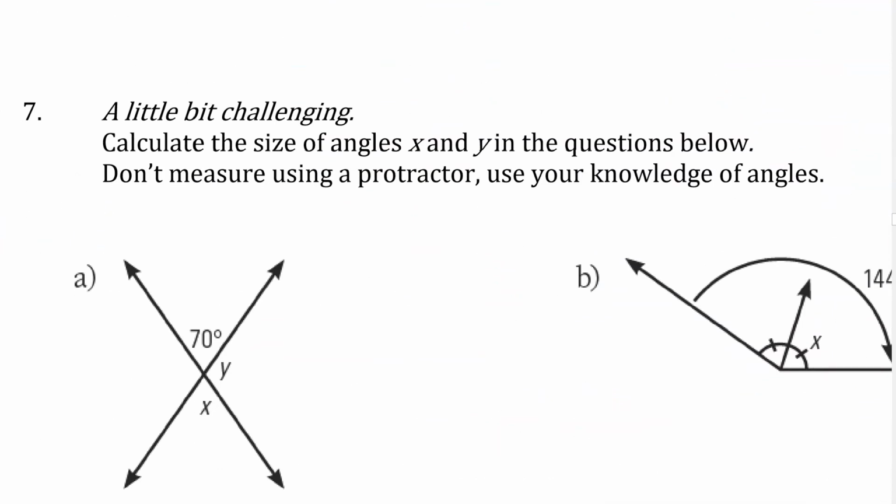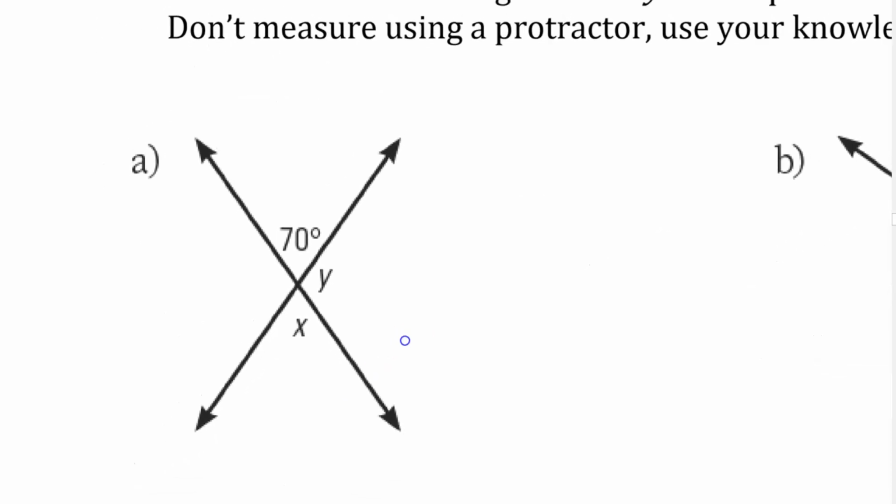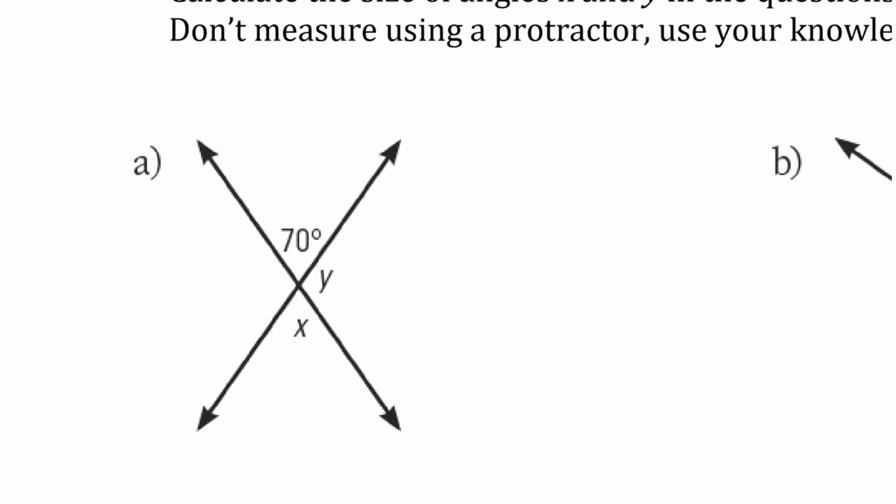Number 7 says it's a little bit challenging. Calculate the size of angles X and Y. All right, so I think first of all we could say that these two make 180 degrees, so you can figure out what Y is. So 70 plus what is equal to 180. Then when you've done that, these two add up to 180 degrees, so you can figure that out as well.